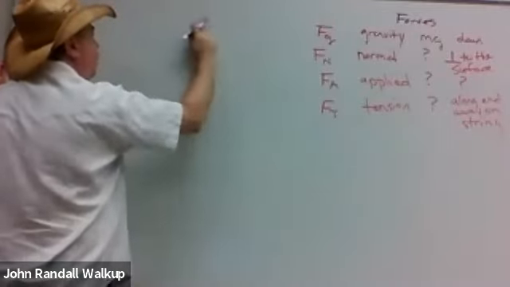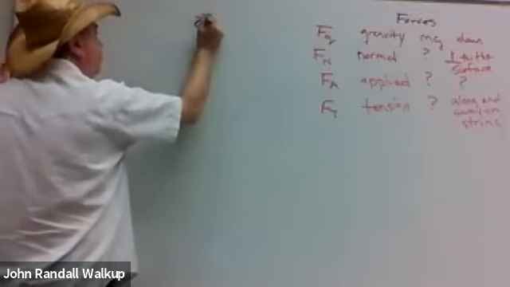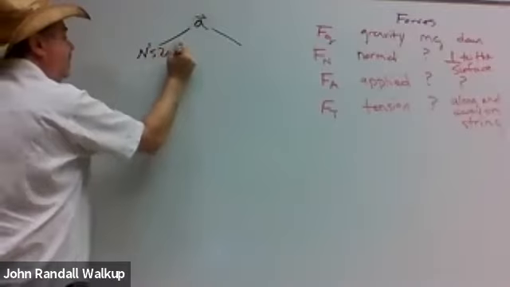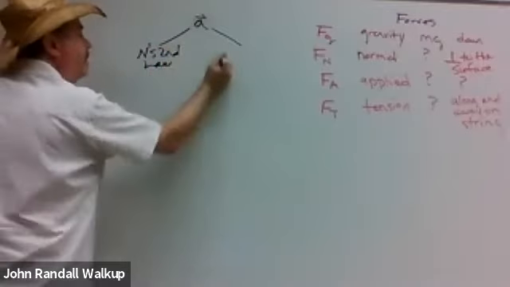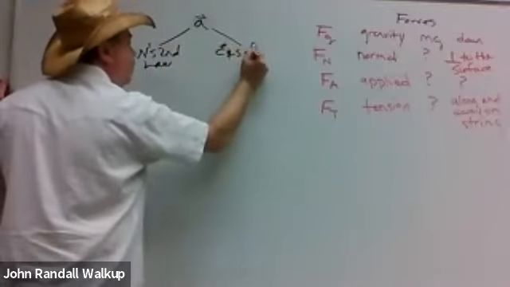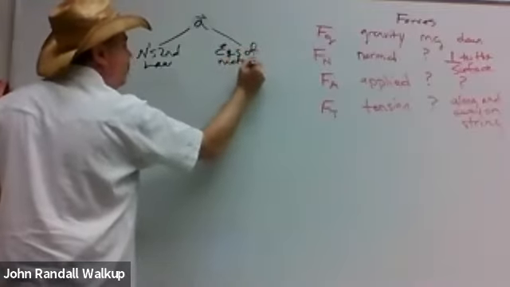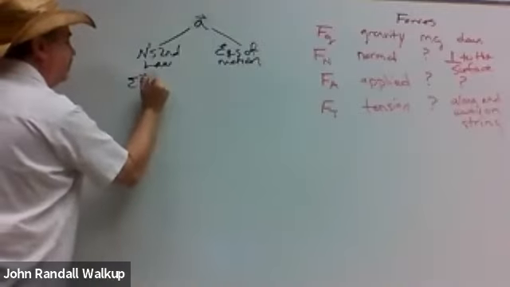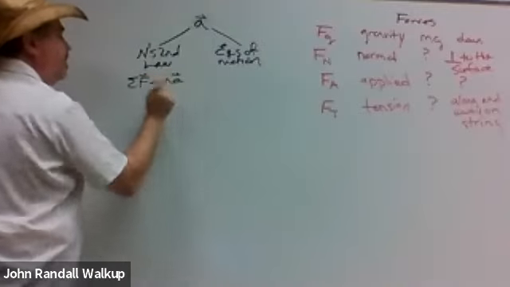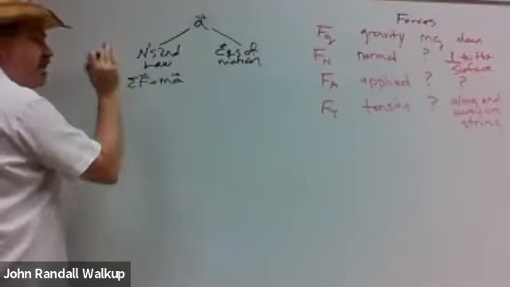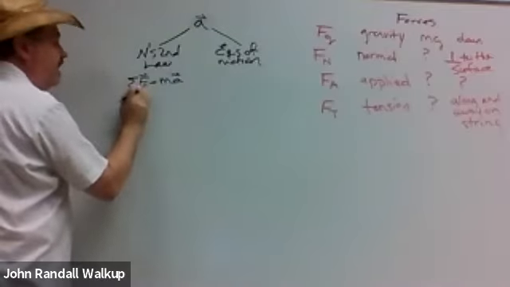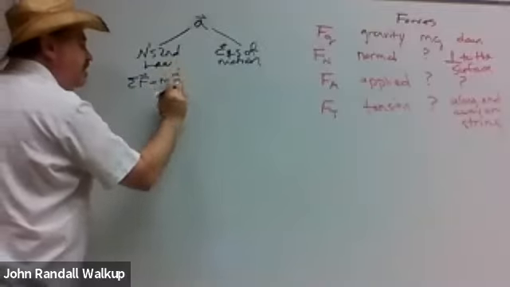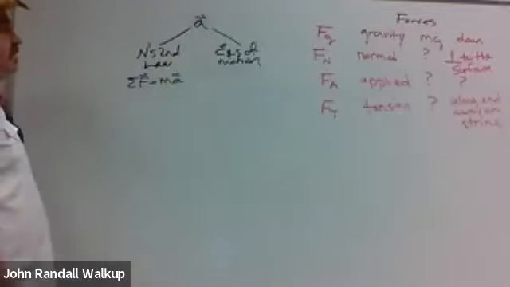Acceleration, Newton's second law, equations of motion. This is the vector sum of the forces equal to the mass times acceleration. The vector sum of all forces acting on a system that you define is equal to the mass of that system times the acceleration of that system.